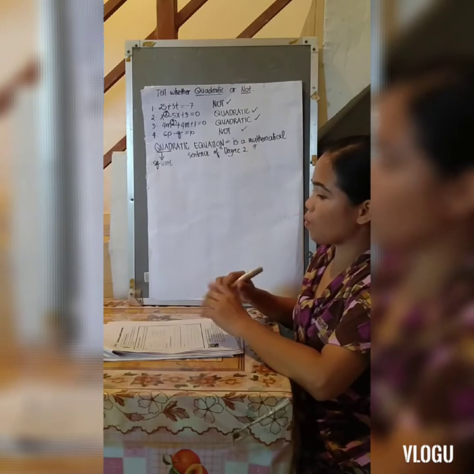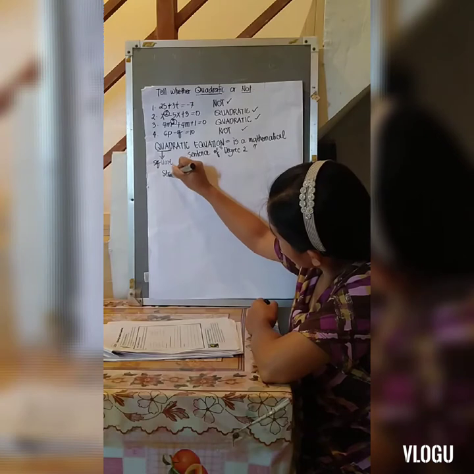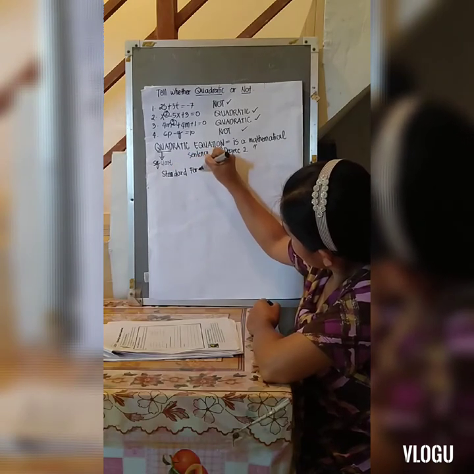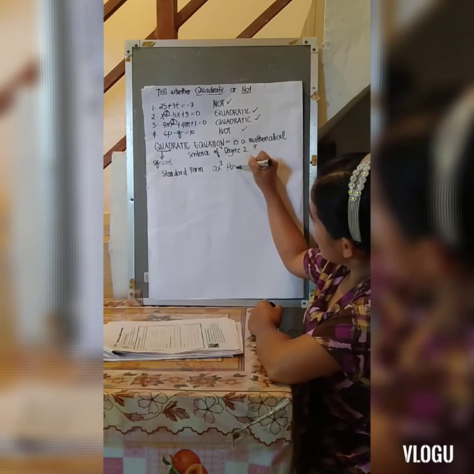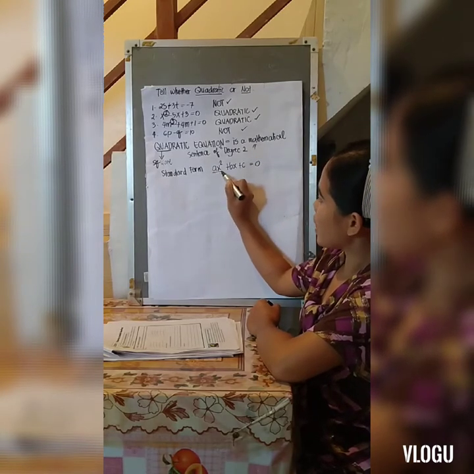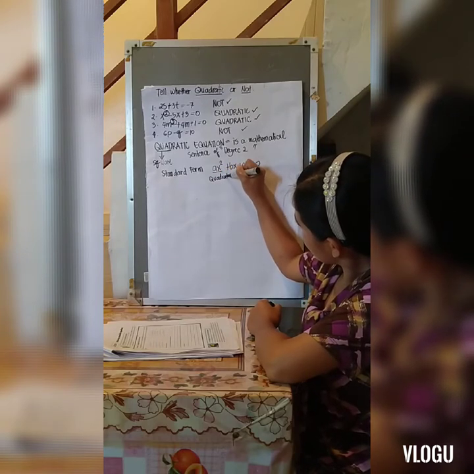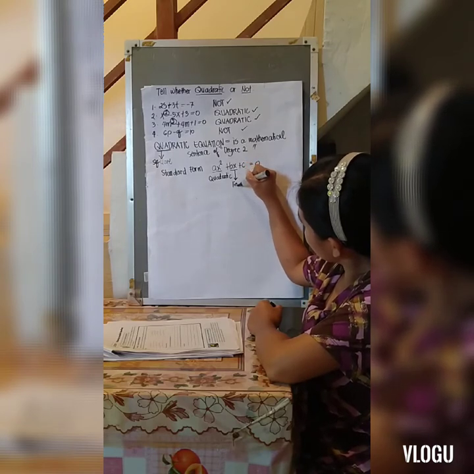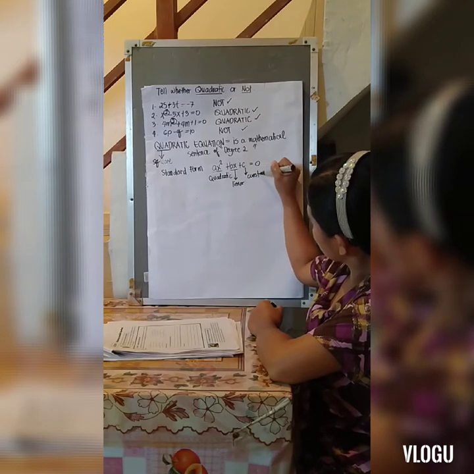Now our quadratic equation has its standard form. You have ax squared plus bx plus c equals 0, wherein ax squared is your quadratic term, bx is your linear term, and c is your constant.